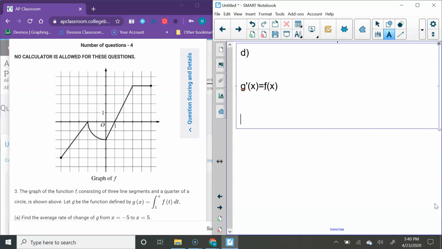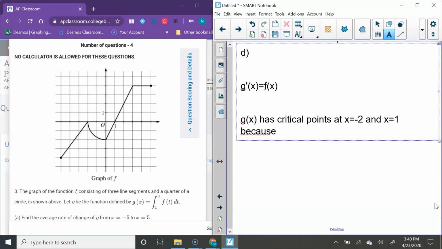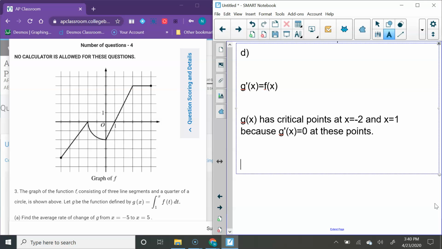So we could say g of x has critical points at x equals -2 and x equals 1 because g prime of x equals 0 at these points. Or you could say f of x, either one. It doesn't matter. You have stated that they're equal to each other up here, so you could use either one.